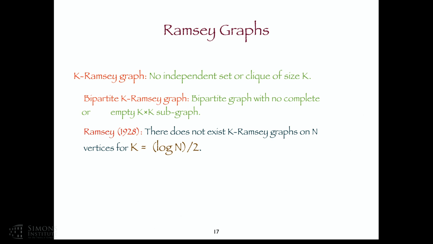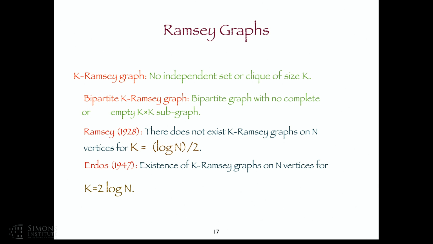In 1928, Ramsey showed that there does not exist a log n/2 Ramsey graph on n vertices. And almost matching this, Erdős using the probabilistic method showed that there exists 2 log n Ramsey graphs on n vertices. And he posed it as a challenging open problem to actually explicitly construct such Ramsey graphs.